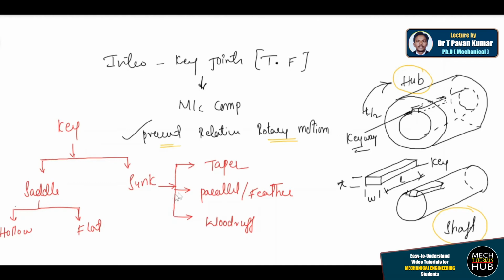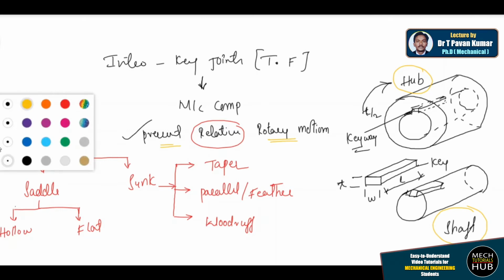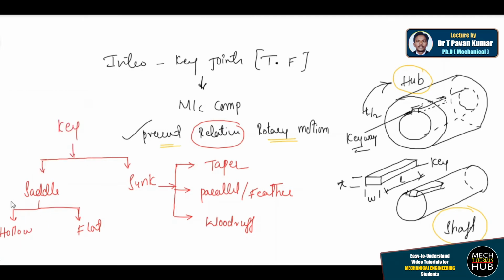Whether it is a saddle key or a sunk key, the ultimate aim is to prevent the relative rotary motion between the elements. That is clear. But why are these classified into so many types? It all depends on the usage of the key. Saddle keys are used under low duty applications.